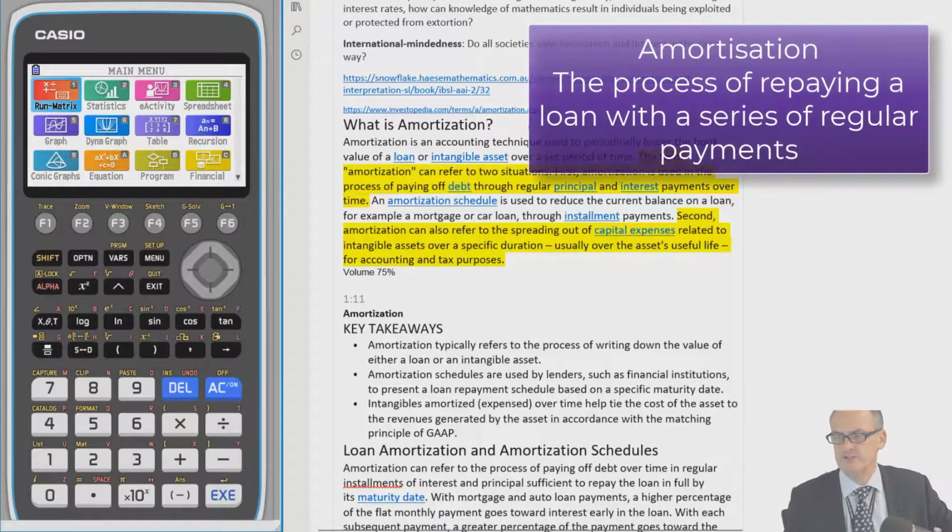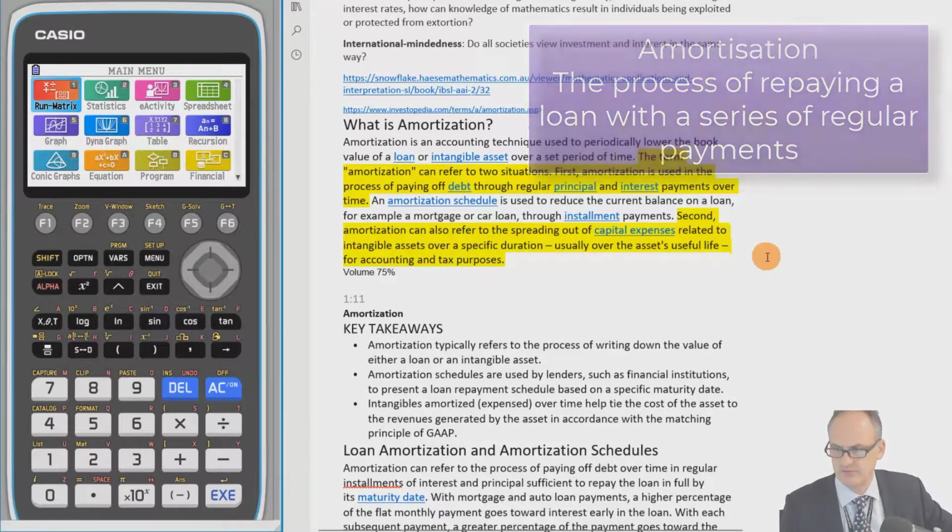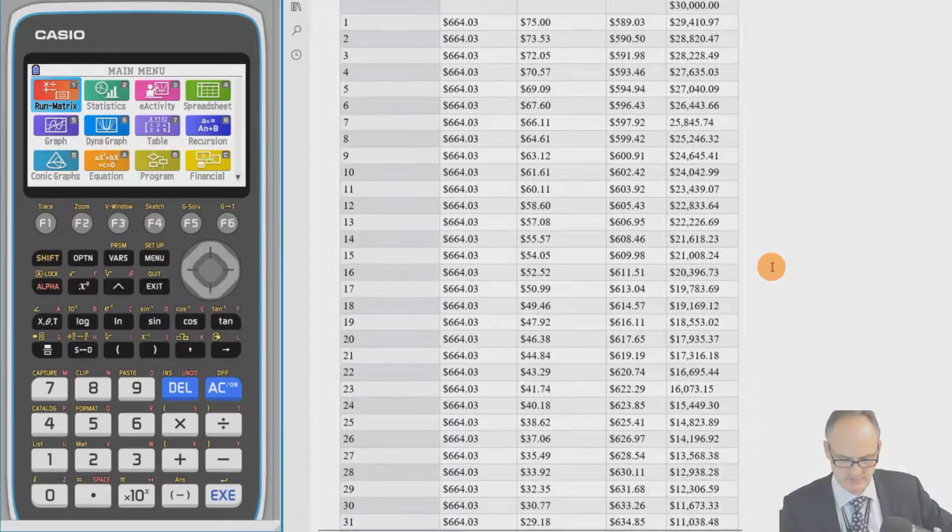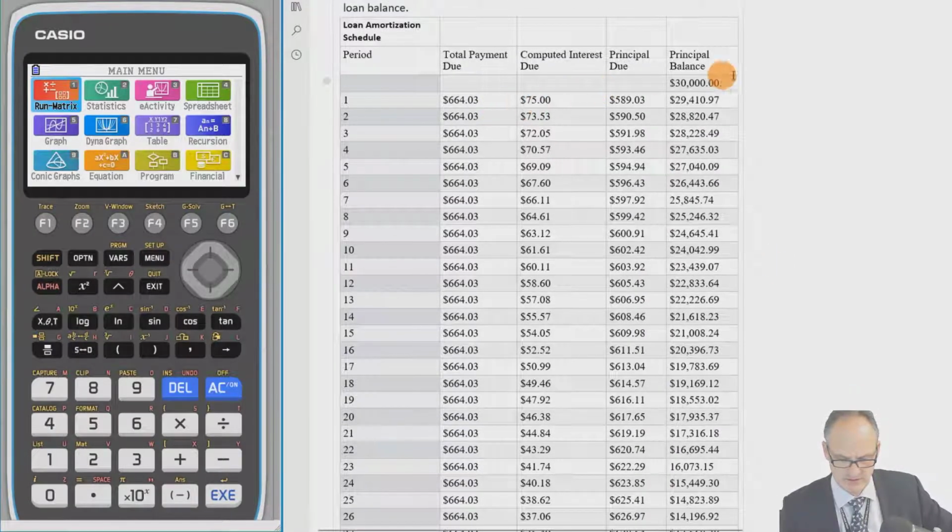So what we can see is amortization is basically a process of repaying a loan with a series of regular payments. If you go down to this example here, you can see a loan that's been written down over a period of time, with a regular payment being paid out over that time, but the interest is calculated every month.